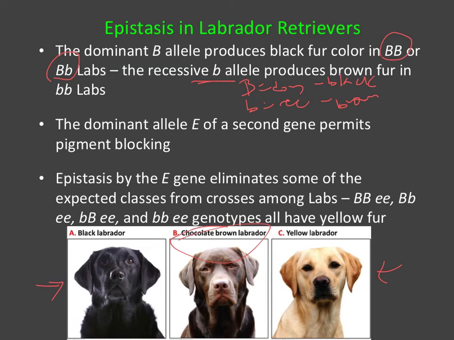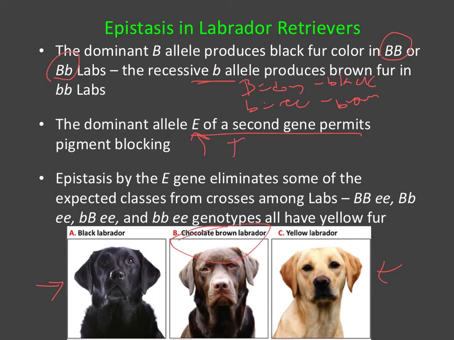Well, it turns out that there's this second gene, and that second gene either allows pigment or it blocks pigment. So epistasis means that even though the pigment color is determined by allele B, big B or little b, if you have a specific gene E, in this case big E, then you allow pigment to form.